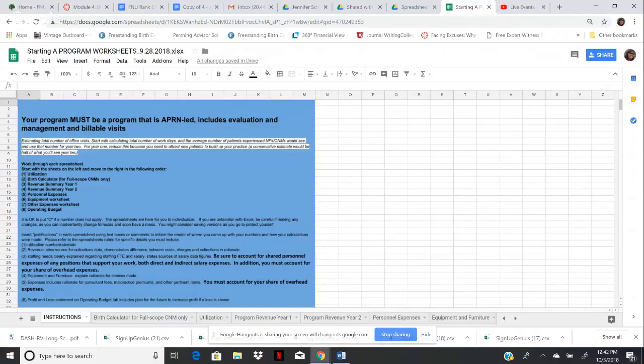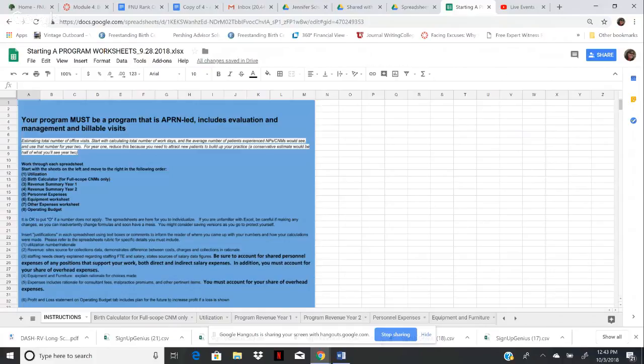The utilization tab will be used by everyone, as will all of the others. The one after utilization will be the revenue summary for year one, and then revenue summary for year two, personnel expenses, equipment worksheet, other expenses, which include your overhead expenses, and finally an operating budget, which is your final balance sheet. So you'll see lots of fields in here, lots of cells.